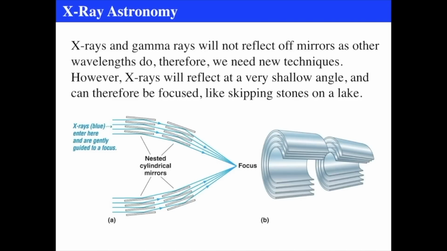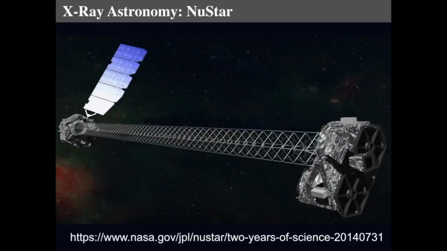So if you wish to detect X-rays, you have to gently redirect them, which means the mirrors look really strange. They look like nested rings, and that's the design of most X-ray observatories. One of the most recent ones is the NuSTAR satellite, whose goal is to look at extraordinarily high energy X-rays.